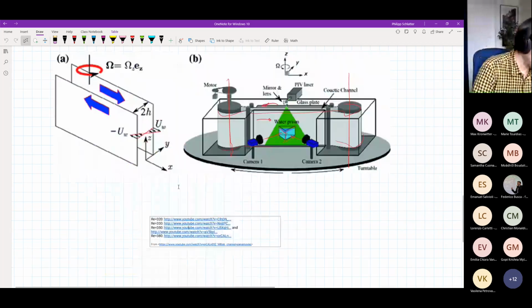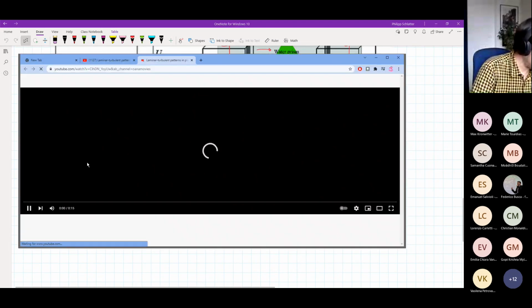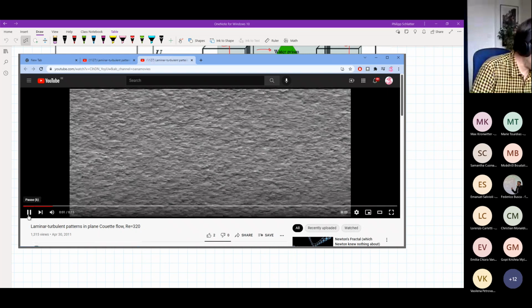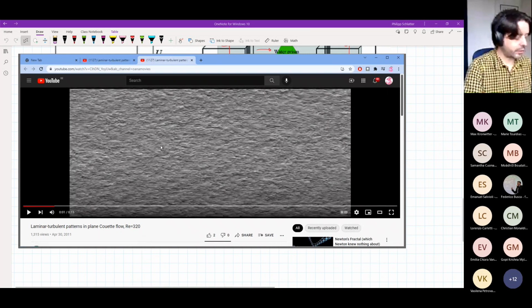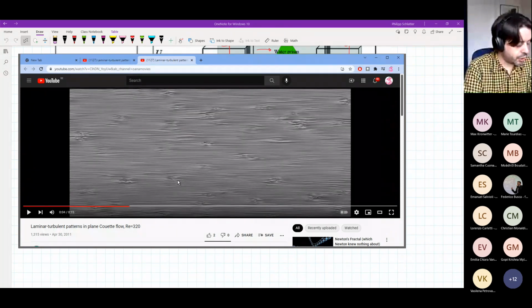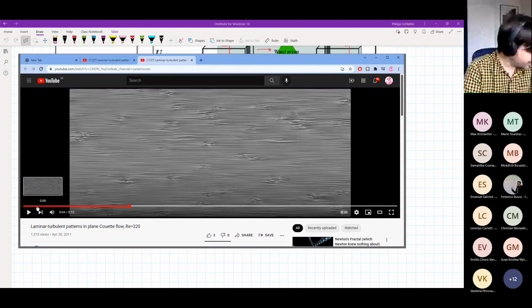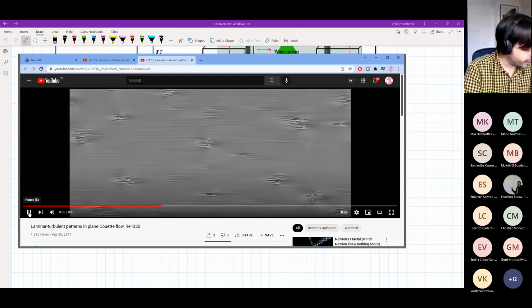Now the question would be, if we go lower in Reynolds number, for instance 320, let's see what happens. For 320, we again start with the same noise that we had before. But then it's quite interesting what happens. You see that there are certain parts where turbulence survives a little bit, but if you wait long enough, turbulence starts to disappear everywhere.